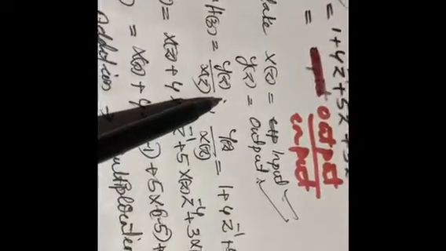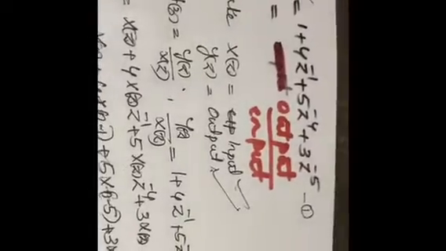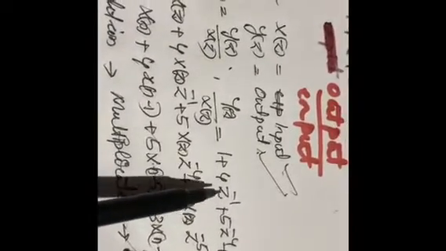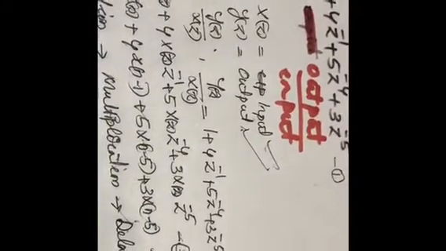Now the transfer function H(z) can be written as H(z) = Y(z)/X(z). And now the first equation is replaced by Y(z)/X(z) = 1 + 4z^-1 + 5z^-4 + 3z^-5.